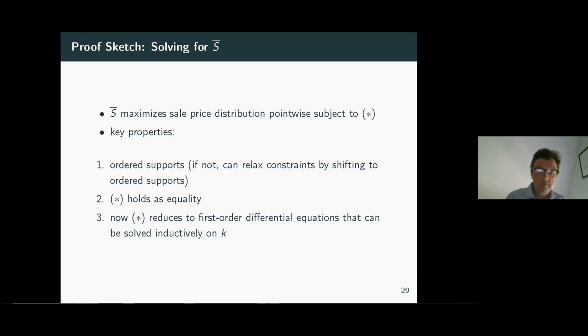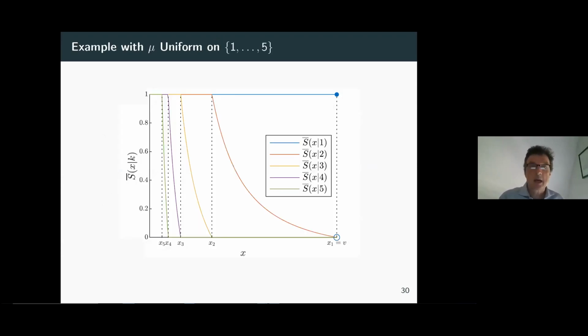Okay. And so we can now solve the system of first order differential equations inductively on the number of price quotes that are being observed. Let me give you a visualization to see how this works. Okay, so we're thinking about a uniform price count between 1 and 5. The candidate equilibrium sales price distribution S upper bar, in terms of conditional distributions, is being displayed here, right?